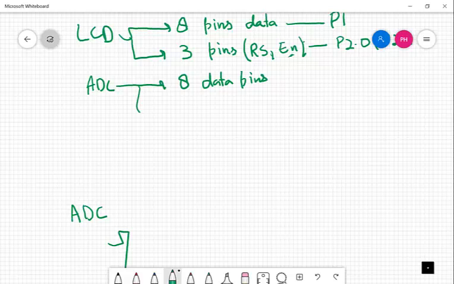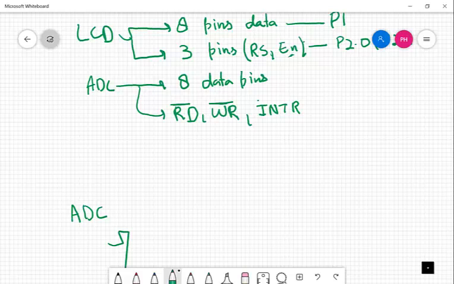We need a pin for read, and we need a pin for write. I hope you remember the ADC 0804. And we also need a pin for the interrupt or end of conversion signal, INTR.